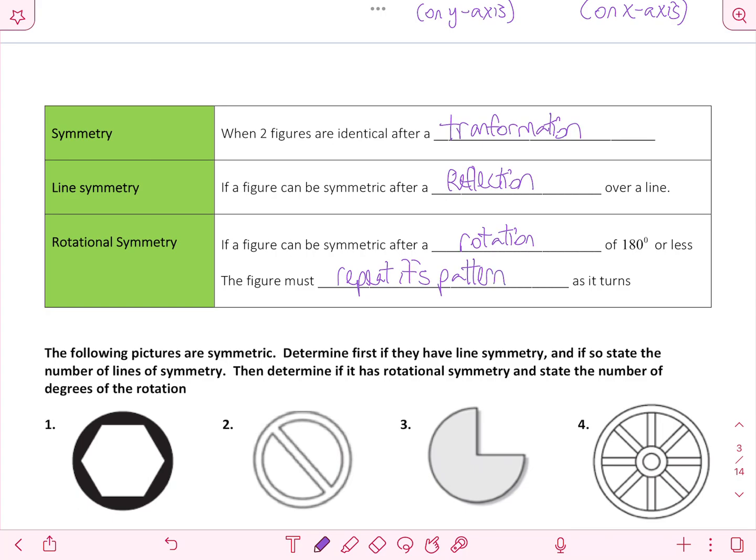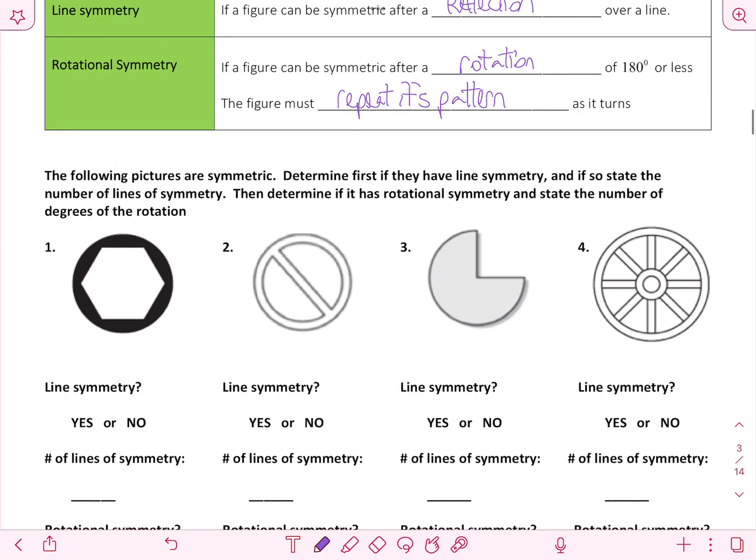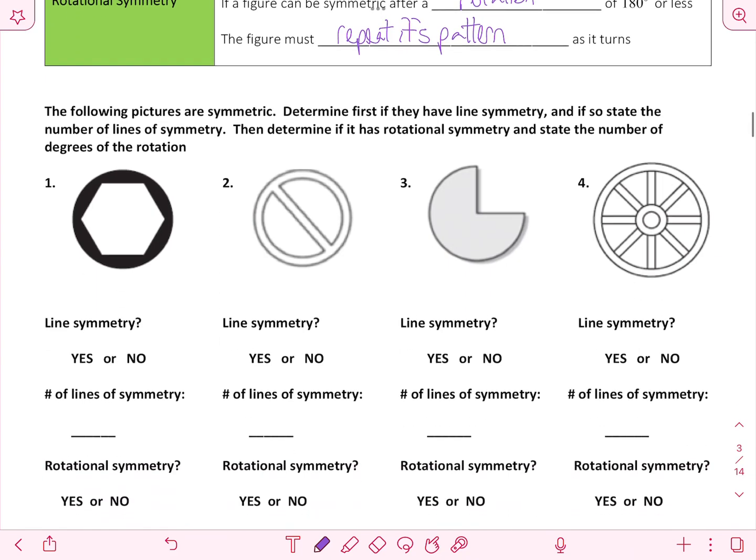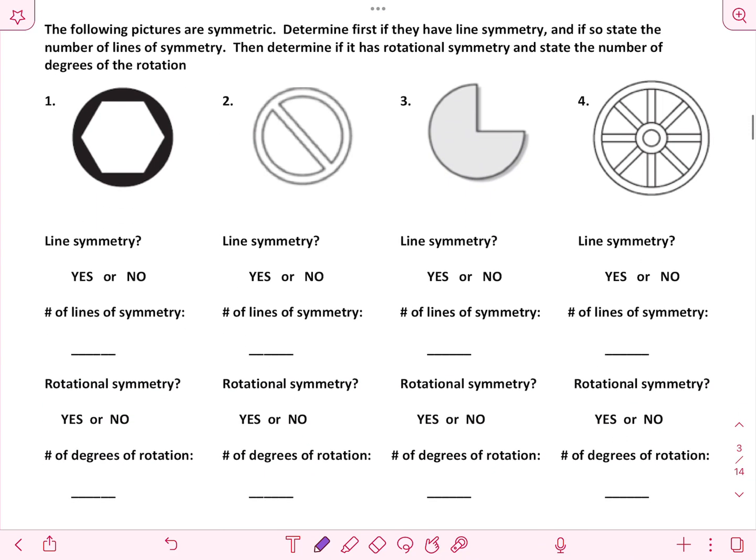All right, so what we're going to do is look to see if we have line symmetry or rotational symmetry, and we're going to guess the number of degrees. The reason that we're keeping it to 180, which is half a circle, is because after 180 degrees, we typically see 360, which puts the shape back to where it originally began. So everything has that kind of rotational symmetry. So we're going to look at 180 degrees or less.